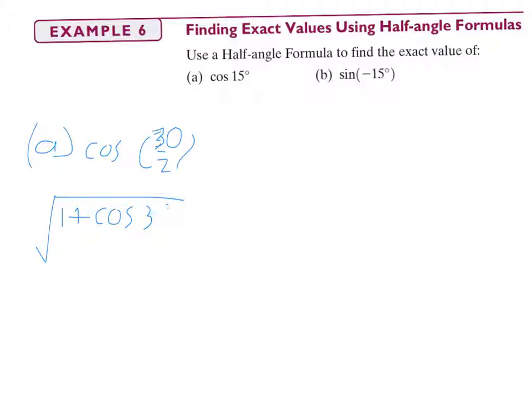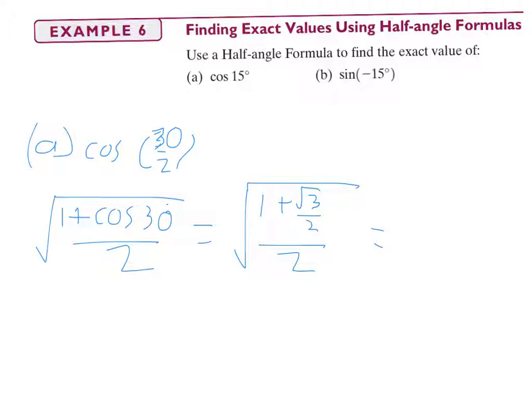And I did it again, wrote 3 theta. Cosine of 30 degrees all over 2. And cosine of 30 degrees, I believe, is square root of 3 over 2, all over 2. Alright, and 1 can be rewritten as 2 over 2 plus square root of 3 over 2, all over 2.